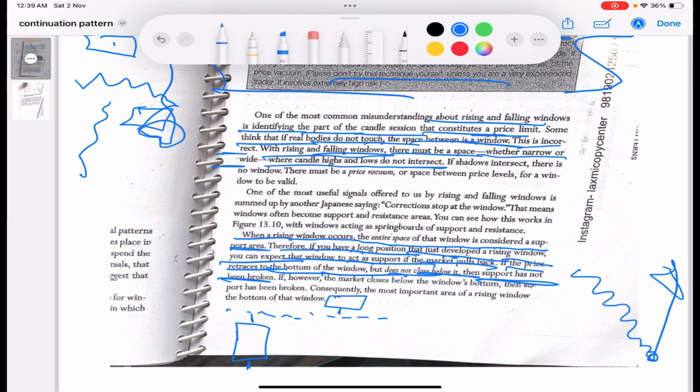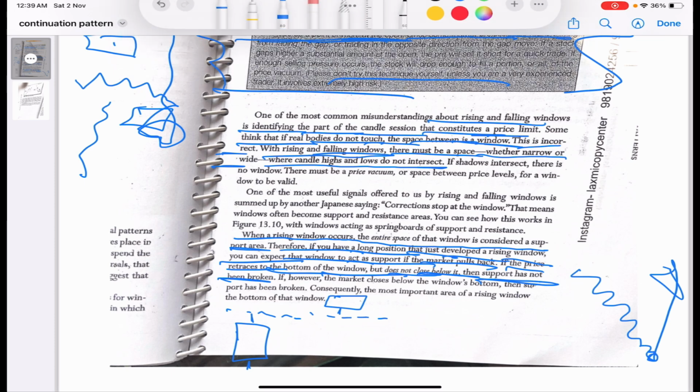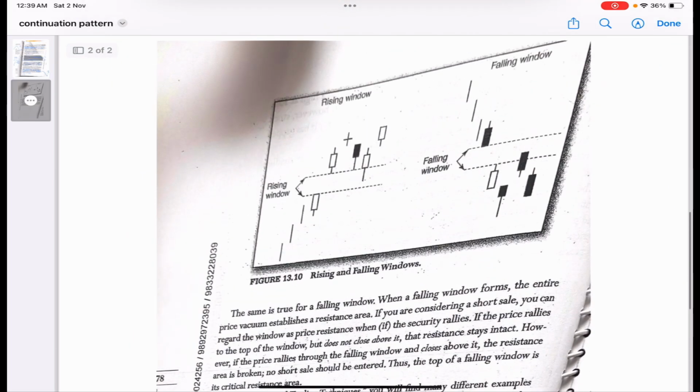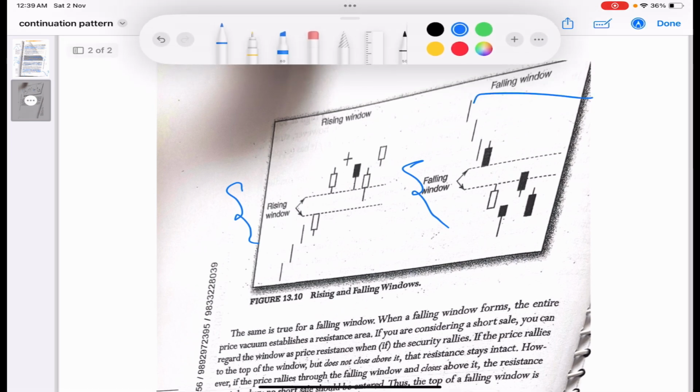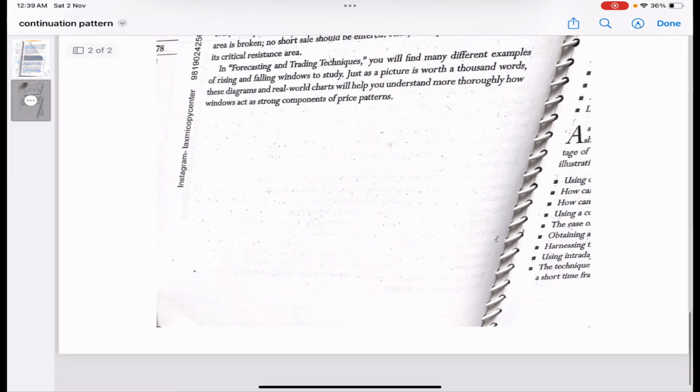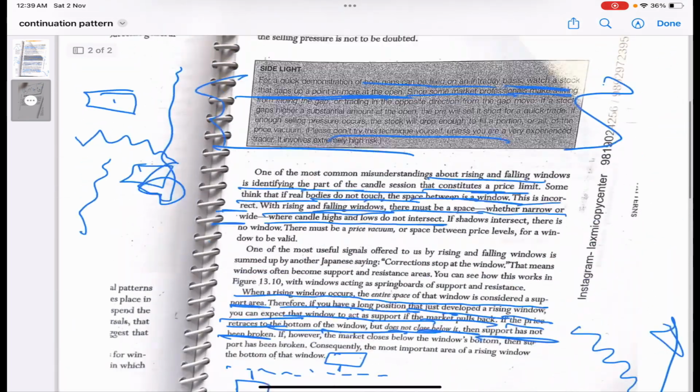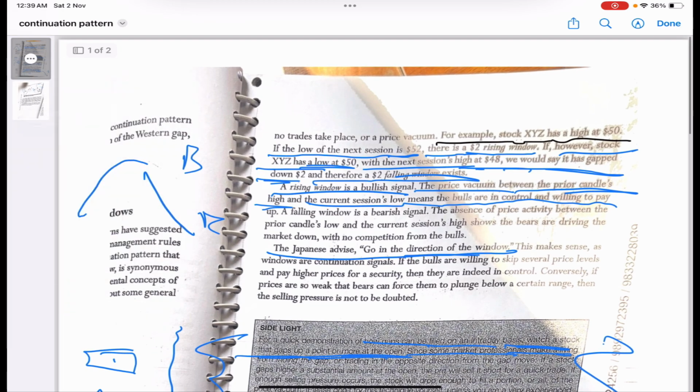But if the candle closes below the window, that means that now the direction has been changed. Look at this: rising window, falling window. Simple stuff. And for a falling window, it's just the opposite. If a candle closes above the window, then again the direction has been changed. So that's it with this chapter. I hope you understood it.